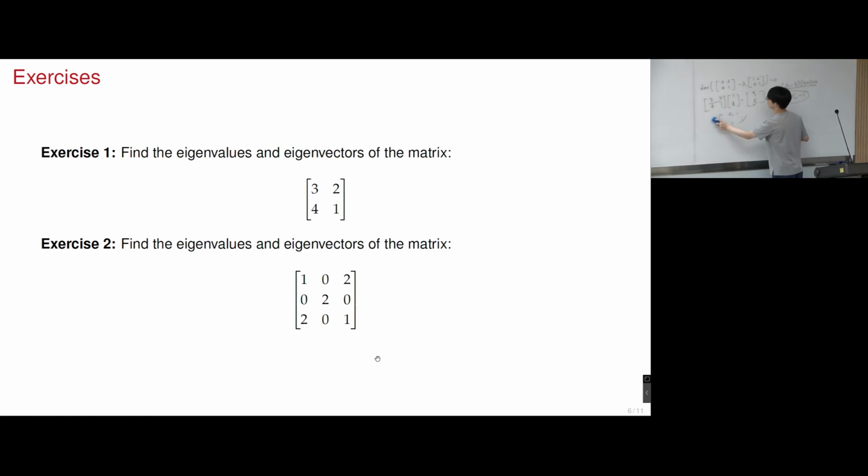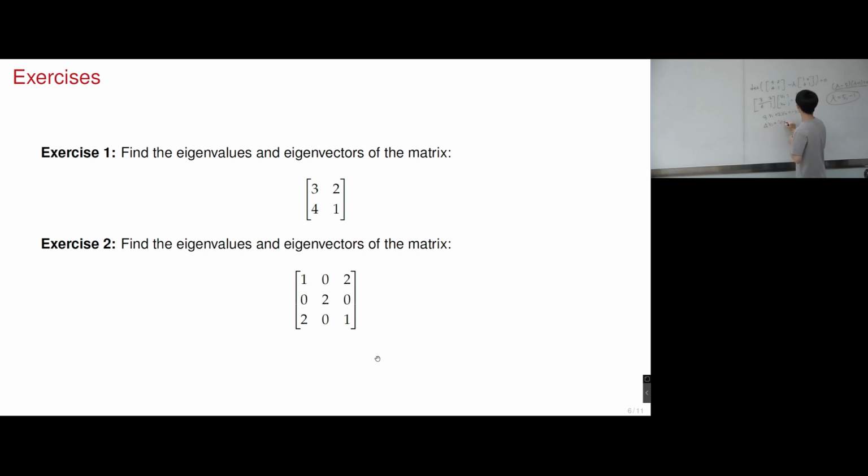And let's also try for minus 1. So v1, v2, we have minus v1 and minus v2 now, because as I said, we're multiplying by minus 1, since minus 1 is the eigenvalue we're thinking of, and we can also solve this like this.